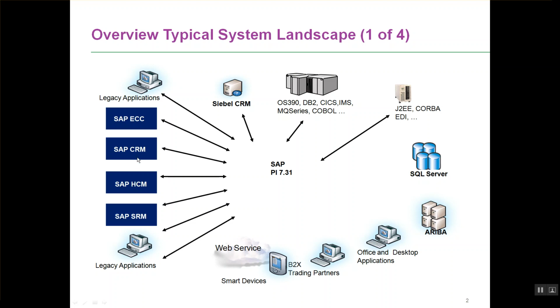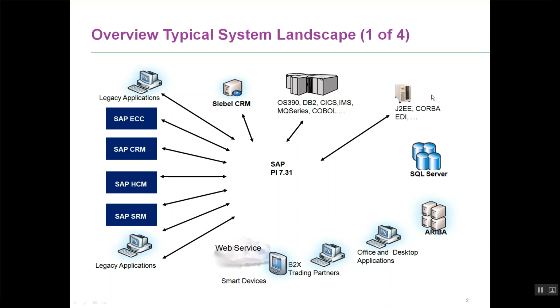For customer relationships, you use your CRM, and for your core enterprise functionality, you use ECC. You would have multiple legacy applications. This could be a mainframe application. This could just be a third-party Windows application running somewhere. You could have not only an SAP CRM, you could have a Siebel CRM, you could have a cloud CRM like Salesforce.com. You would have multiple databases and messaging services.